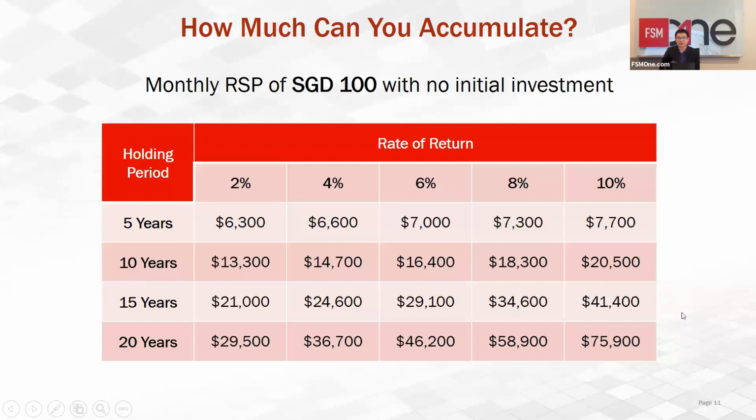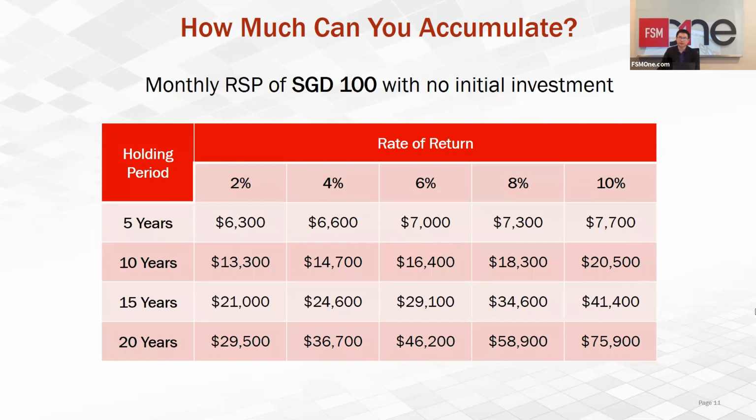So at this stage, I hope I have convinced you about some of the merits of using RSP inside your portfolio. I wanted to also spend some time to help everyone visualize and illustrate the kind of capital that they can accumulate over time using an RSP.